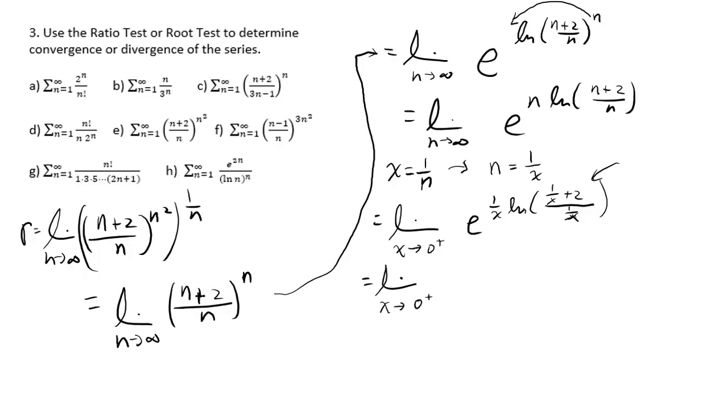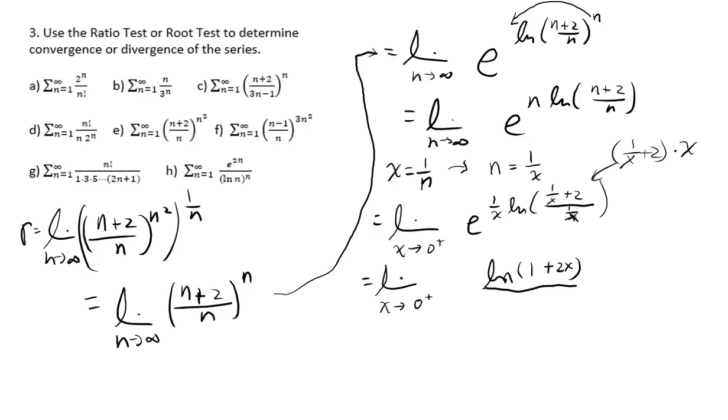Right? So this is the same as (1 over x plus 2) times x. Division by 1 over x is the same as multiplication by x, and 1 over x times x is 1. And 2 times x is 2x. So that's what you get in the log.